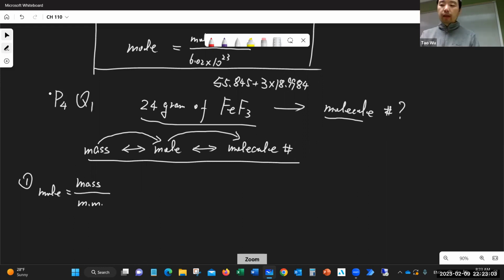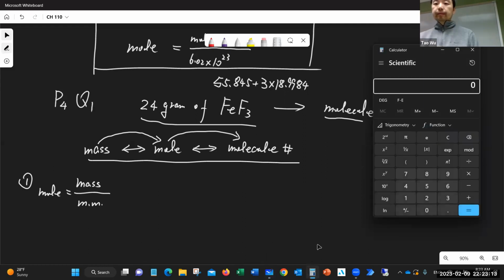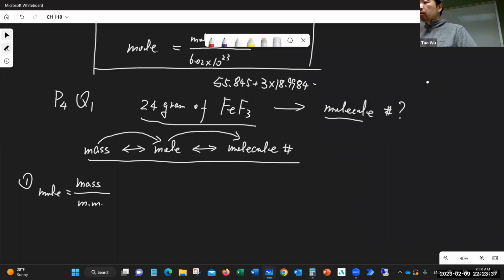Okay, so you add them together, and you get 112.8402, and this is in gram per mole.